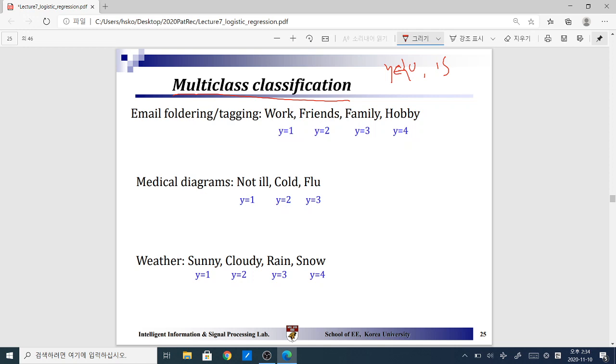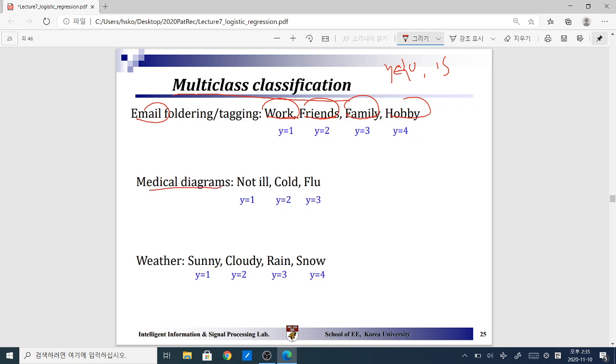For example, you could have email foldering or tagging into emails having to do with work, friends, family, or hobby, breaking into these multiple classes, not just spam or no spam.